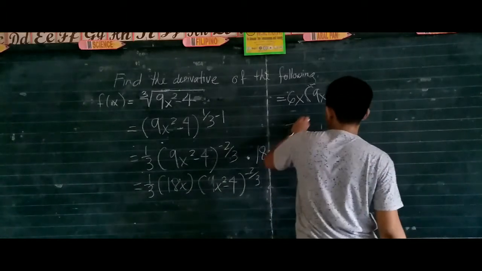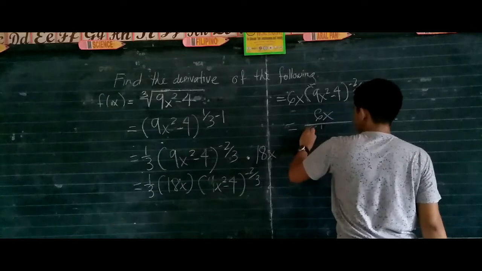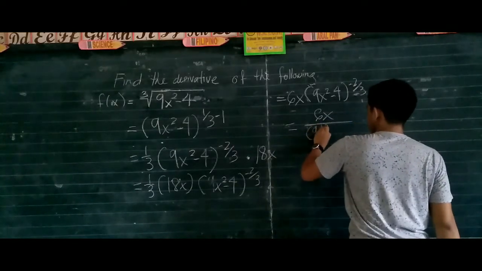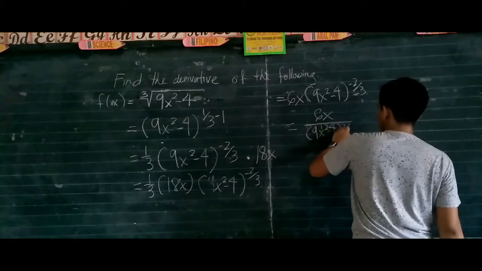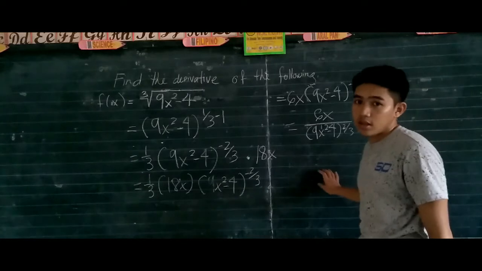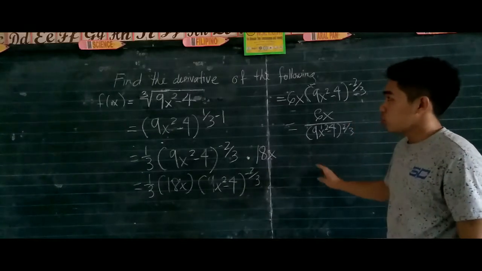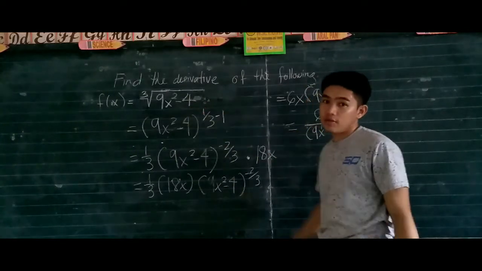So we have 6x over 2 over 3. Then after this one, don't ever forget to change it into a radical form like the one in the given.